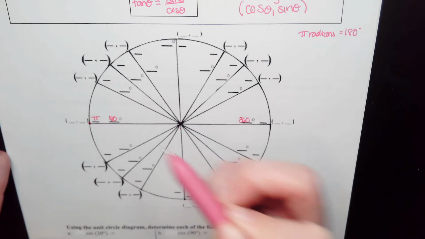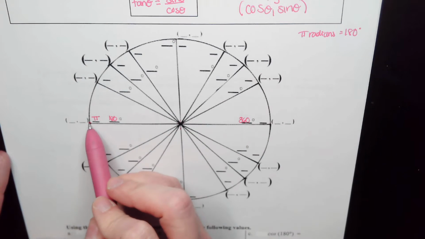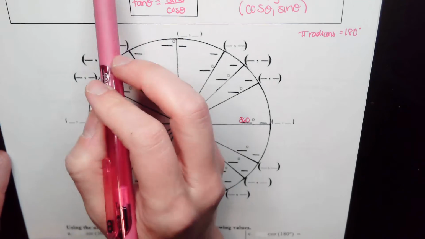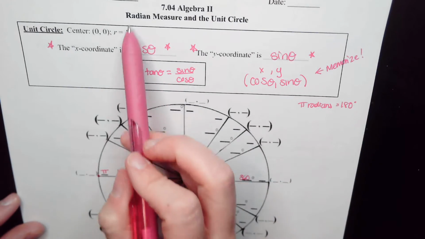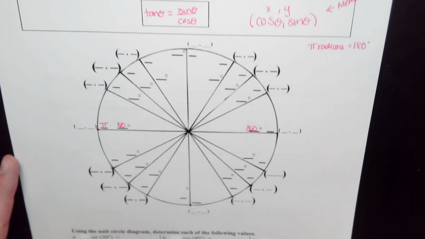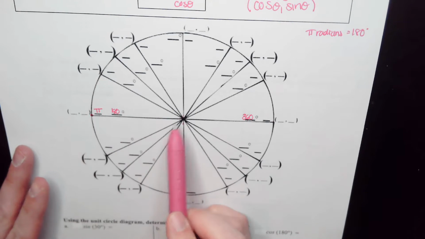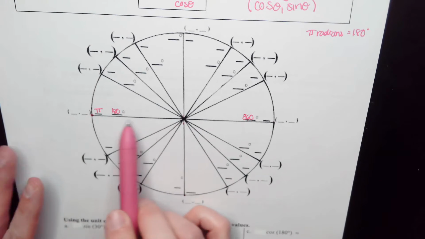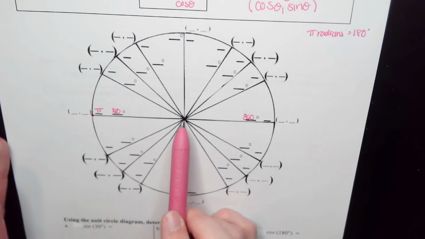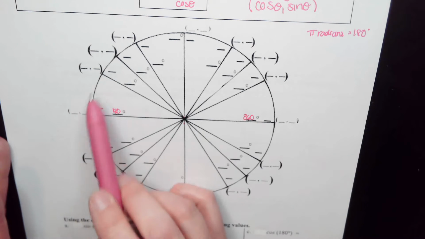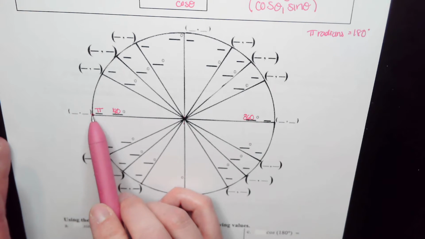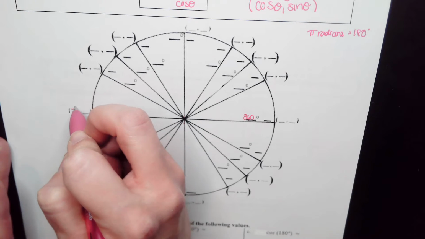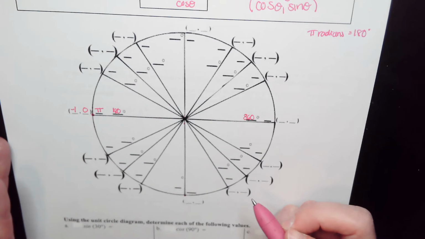If I'm trying to find this point on the unit circle, remember the radius of the unit circle is 1. So if I want to get to this point over here, if my radius of the circle, which is half the length of your diameter, is 1, I'm going to the left 1 and then not up or down at all because I'm staying on that x-axis. So that would be the point -1, 0.